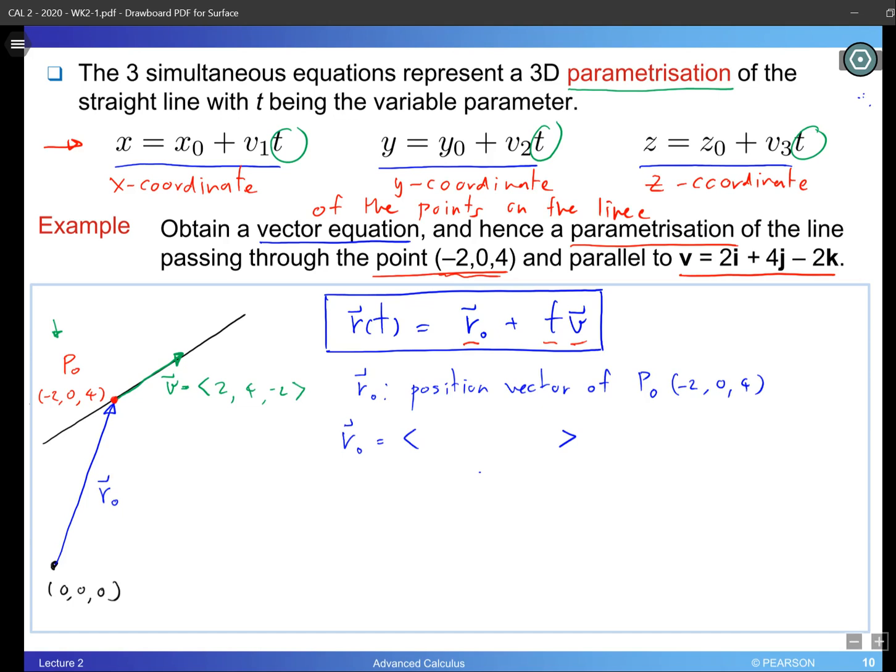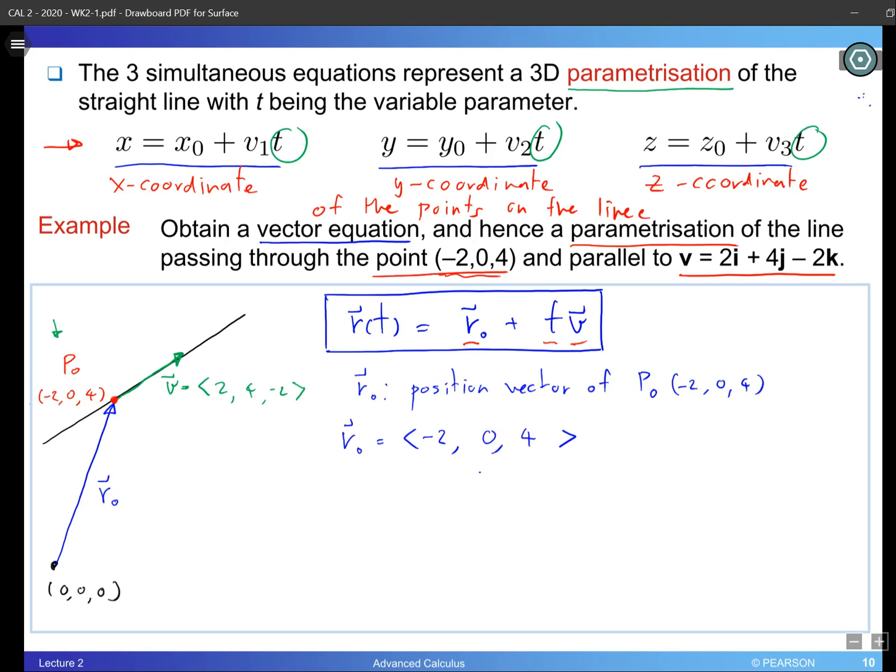Let's start with the x component. Minus 2 minus 0, so we get minus 2. Next component, 0 minus 0, I get 0. Next component, terminal minus initial, which is 4 minus 0. I get 4. So there you go, I have this vector r0.